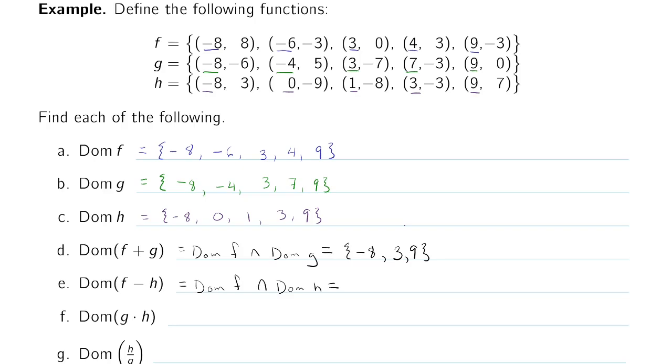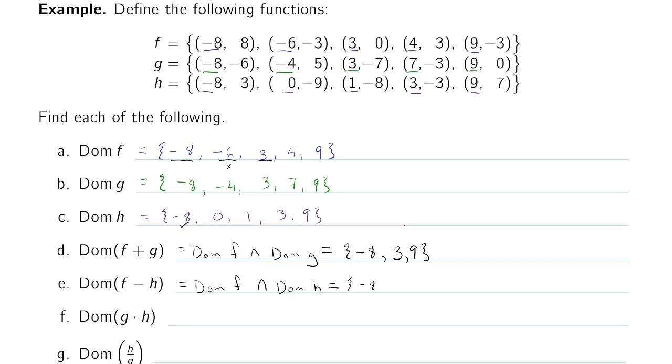So again, I'm going to go through the domain of f, find everything that's also in the domain of h. So I've got a -8, that's also in the domain of h. -6, that's not in there, so that's not in the intersection.